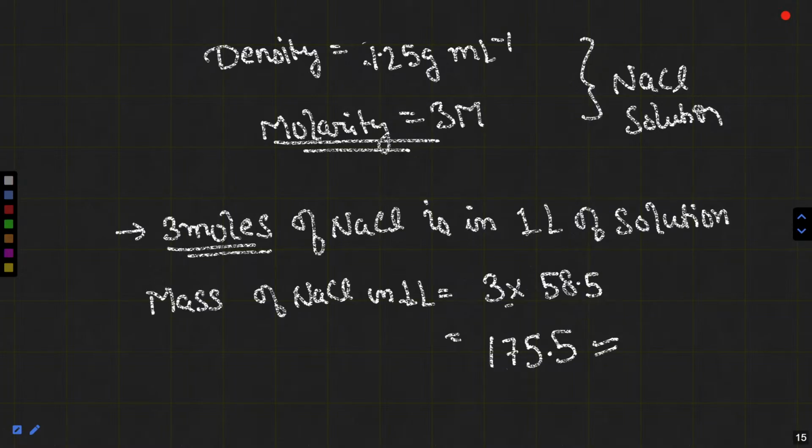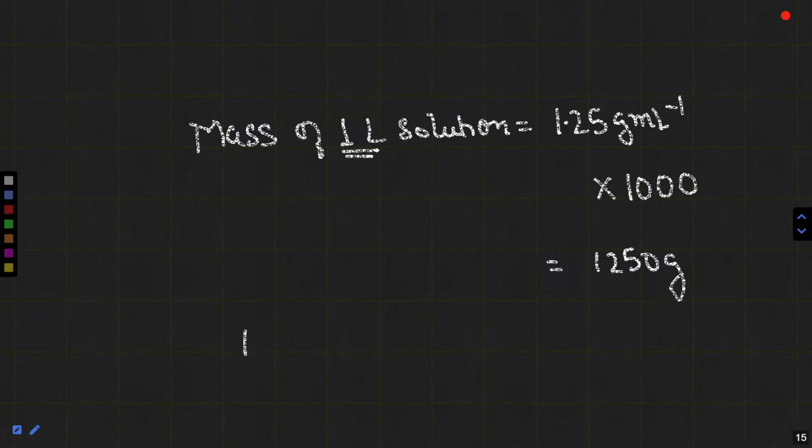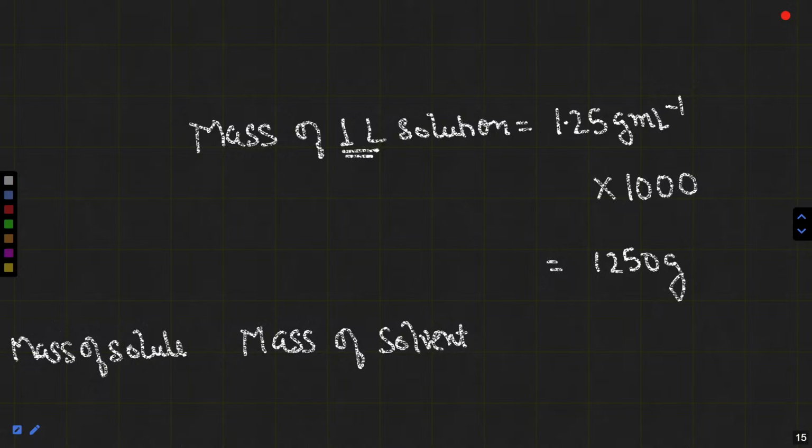So you have the mass of NaCl in 1 liter of solution, and you have the mass of solution also. So we know that mass of solvent plus mass of solute gives us total mass of solution. We know this thing very often. Now, what is the mass of solute that we have calculated here?